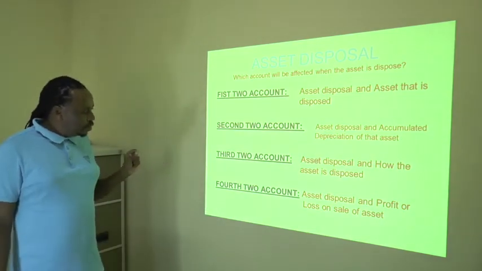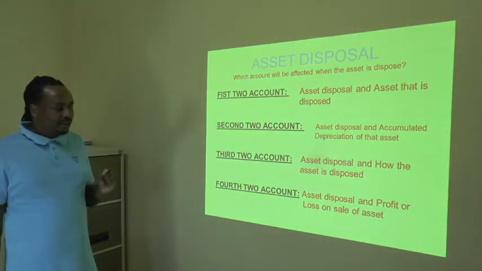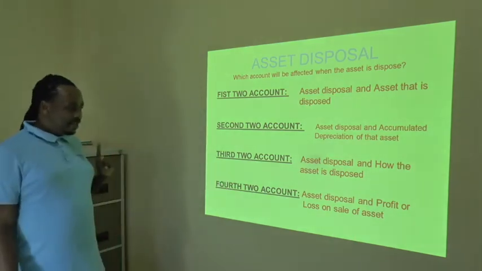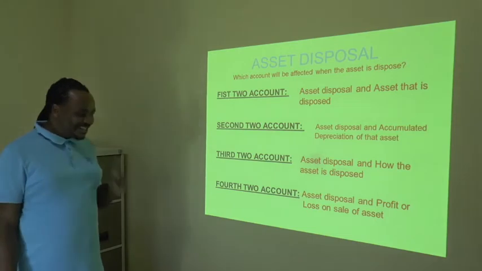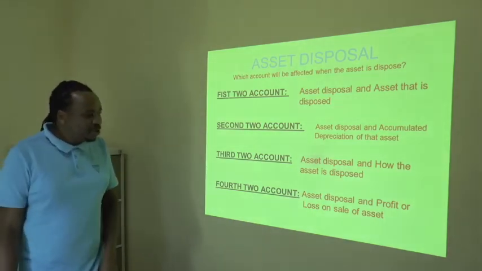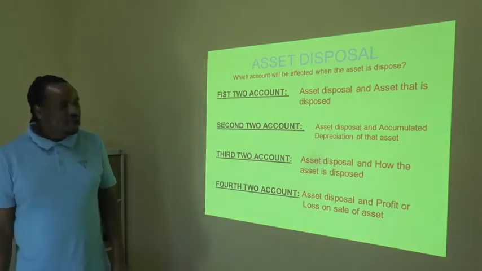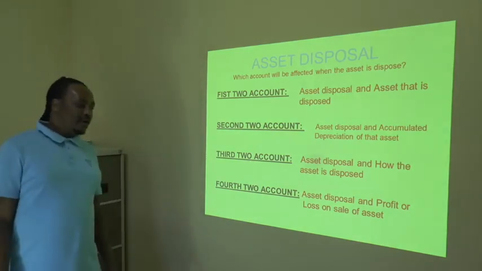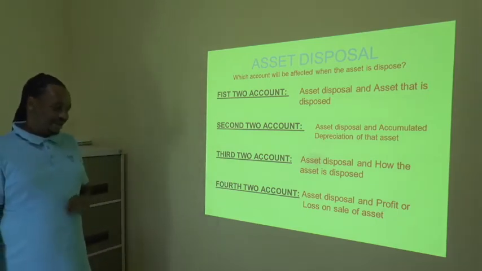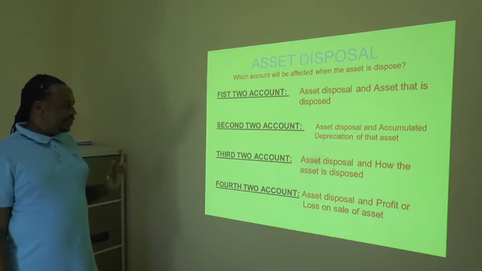The fourth two accounts that will be affected when you are doing asset disposal will be asset disposal and profit and loss on sale of an asset. The account is profit and loss on sale of an asset, not profit and loss. Those are the four accounts.